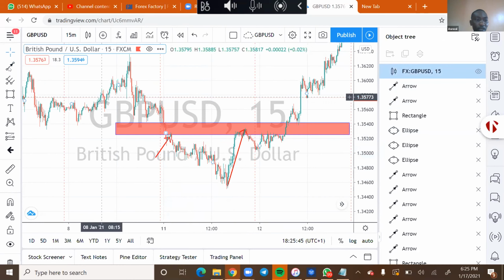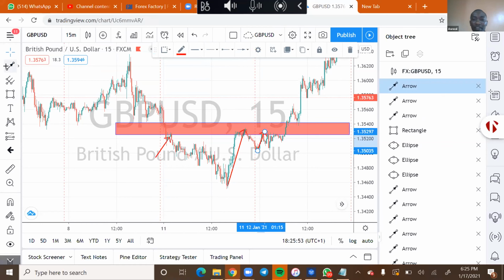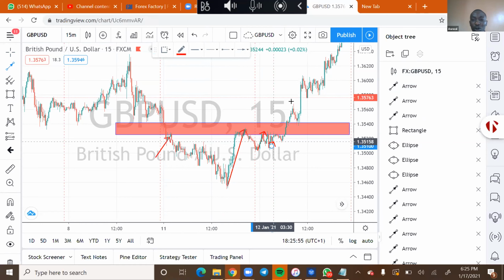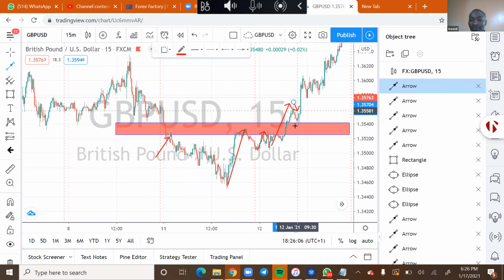Then again it did a push up somewhere here. It was still unable to break it, but eventually price pushed up and broke that area. Now we've seen a break in resistance. That area has been broken. But what happens? It automatically turns that area into a support.